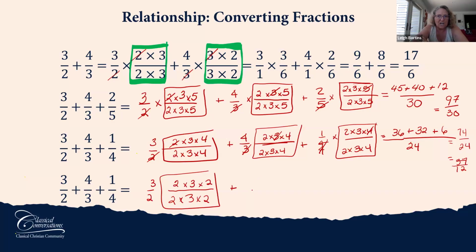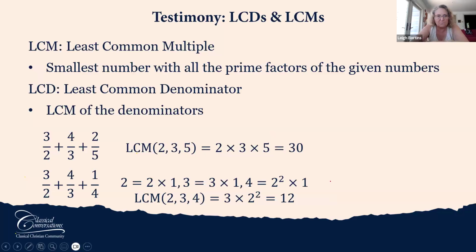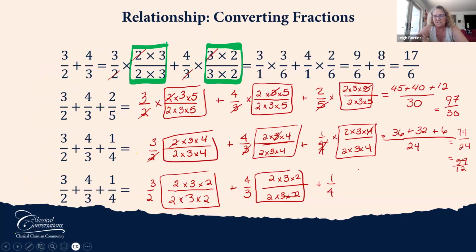When you're trying to teach a child who doesn't recognize that 4 is part of 12, this way they can do the same algorithm every single time. It'll never change. But once we're good at noticing 12 and 4 and 3 are all part of 60, we just ignore it and go to the simplified version.